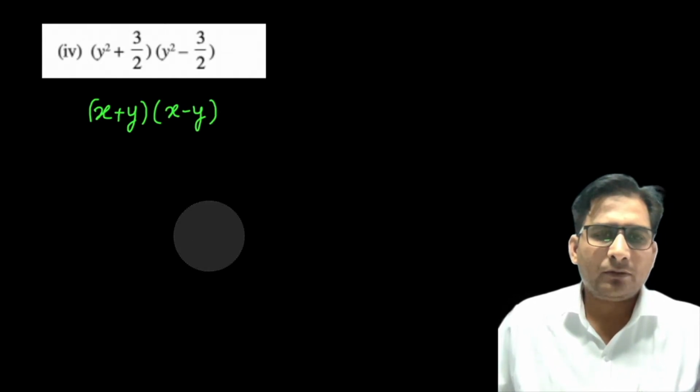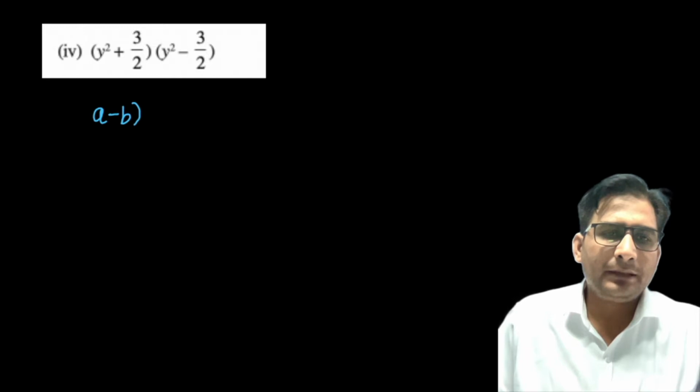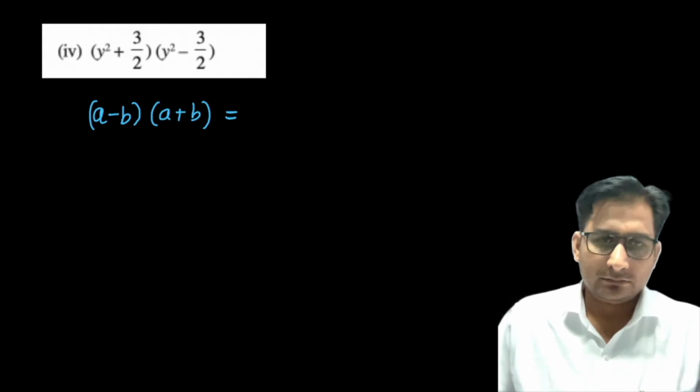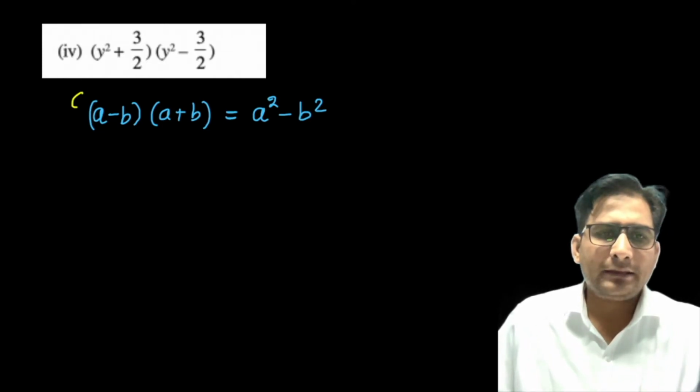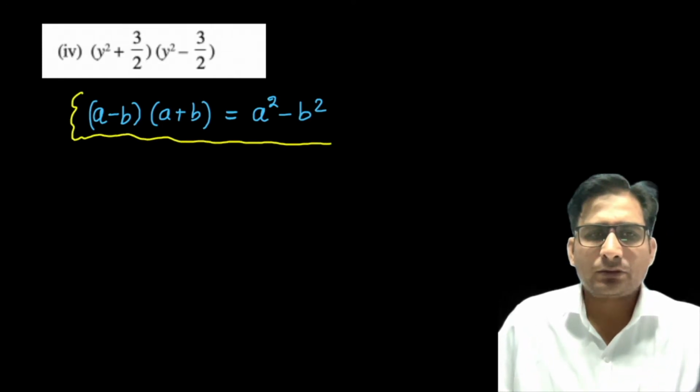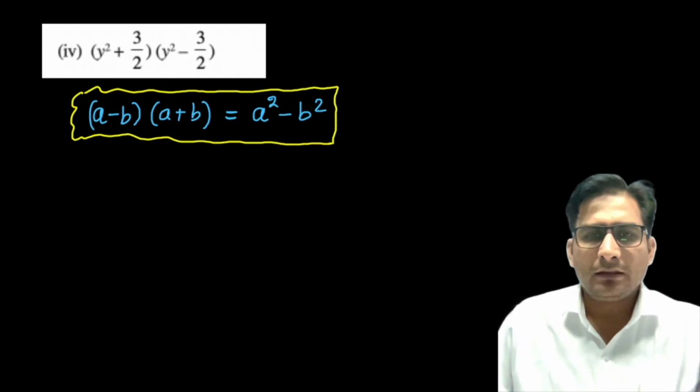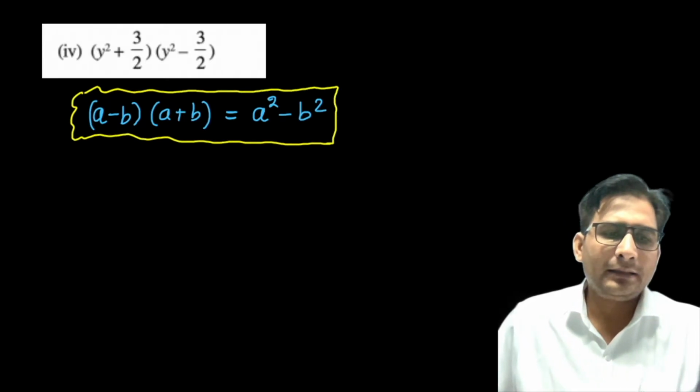Let me write it in the form of a and b. The identity is (a minus b)(a plus b) is equal to a square minus b square. So let us apply this identity here in the given expression.